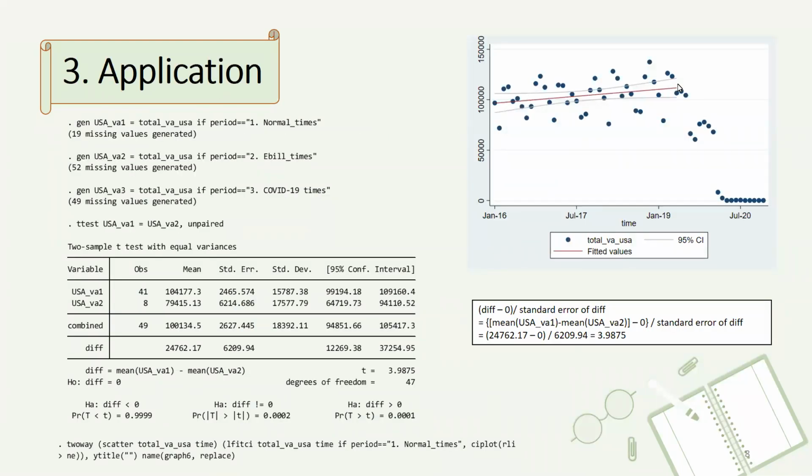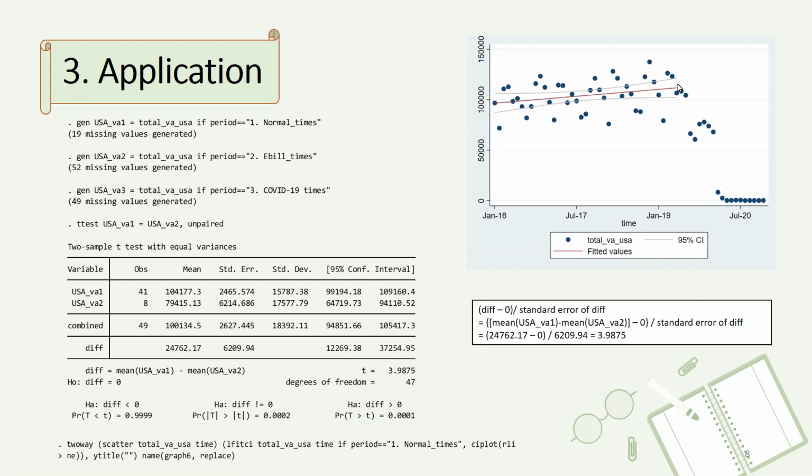Next, here we can see the first 3 lines of the code, gen USA VA1, VA2, VA3, are creating 3 different variables. So these 3 variables are grouping the total visitors from the USA under the 3 periods: normal times, e-bill times, and COVID times.